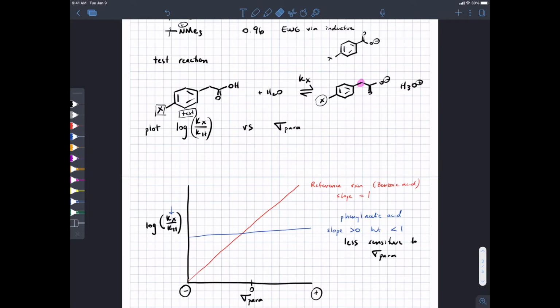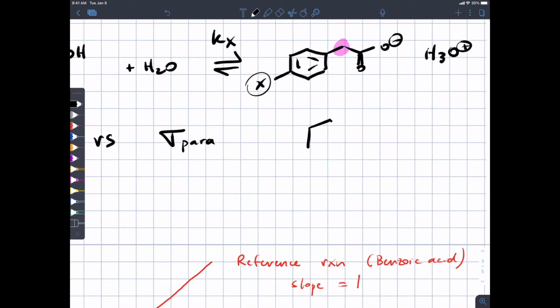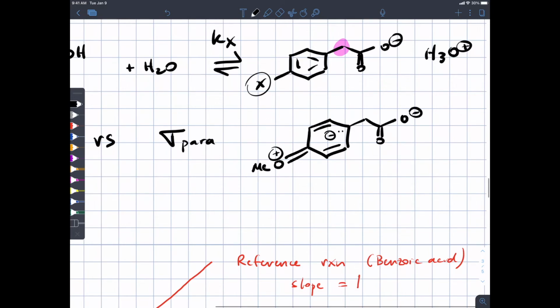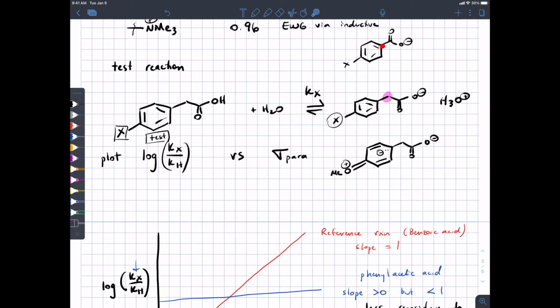Recall for the electron donating groups, we said the whole problem was that you could draw a resonance structure in which you donated extra electron density to the ring, and then you could put that directly by the carboxylic acid. And that was the case for the benzoic acid.